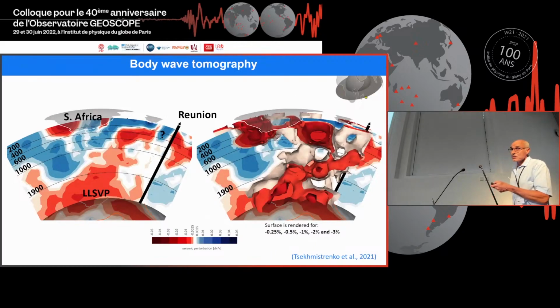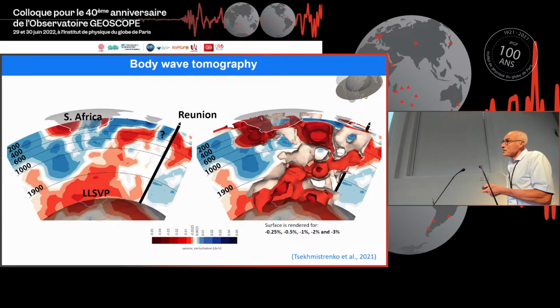In cross-section, as shown by Stephanie a few minutes ago, we are left with a very complex structure, with a blobby structure connecting the large low-velocity structure beneath South Africa and La Réunion. In three dimensions, this blobby structure is obviously complex and asks a number of questions to geodynamicists.